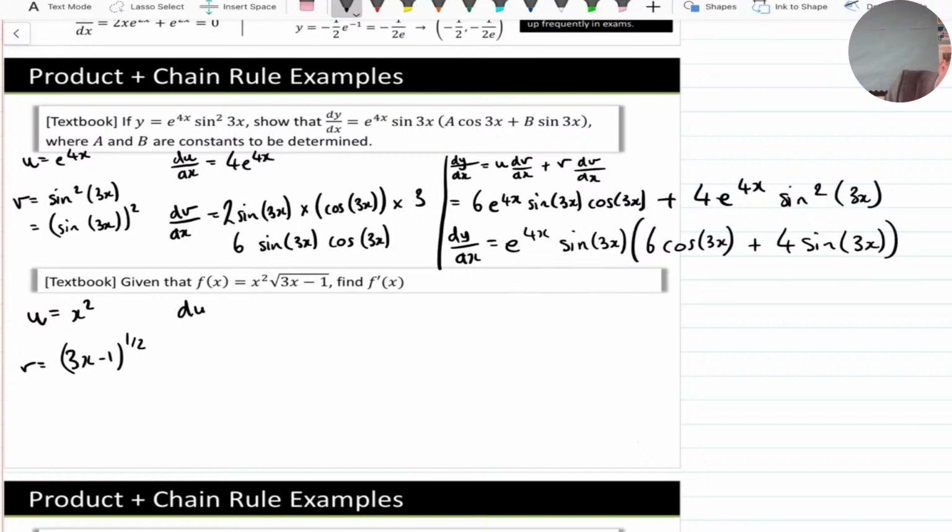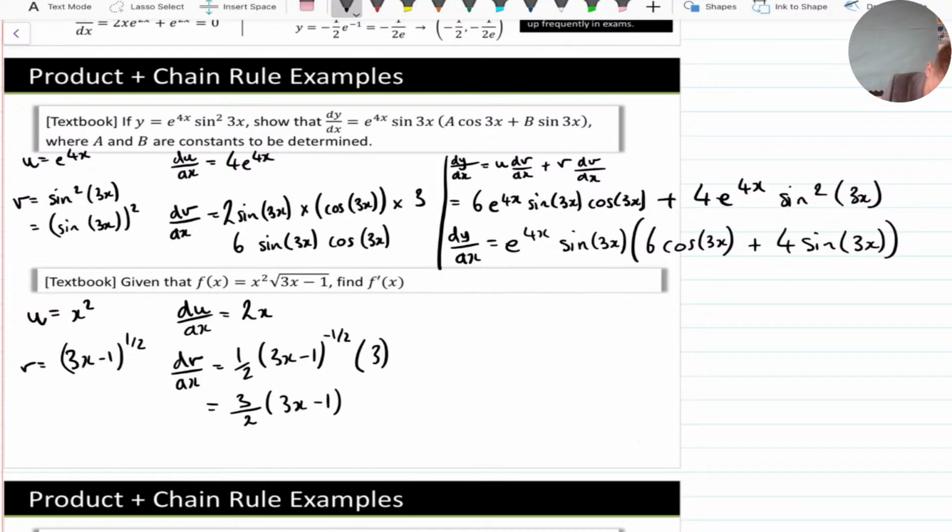So du by dx is equal to 2x, differentiating the u. dv by dx is equal to a half times 3x minus 1 to the minus a half, so that's the outer layer, times the inner layer, which is going to be equal to the 3, which gives me 3 over 2 times 3x minus 1 all to the minus a half there, like so.